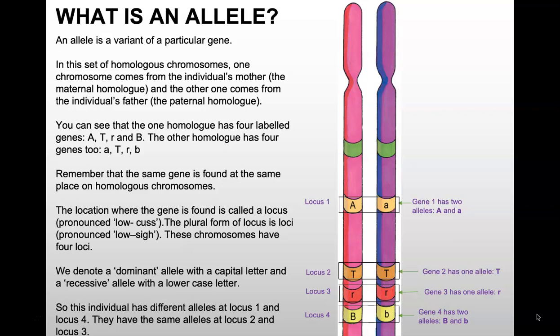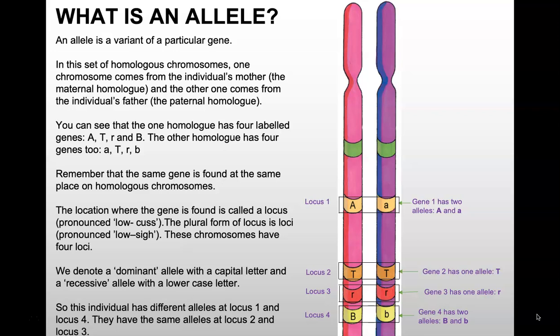You can see that the mother's homologue has 4 labelled genes: capital A, capital T, lowercase r, and lowercase b. The father's homologue has 4 genes in the same locations on the chromosome, except his alleles are slightly different. He's got lowercase a, capital T, lowercase r, and lowercase b. Remember that the same gene is found at the same place on homologous chromosomes.